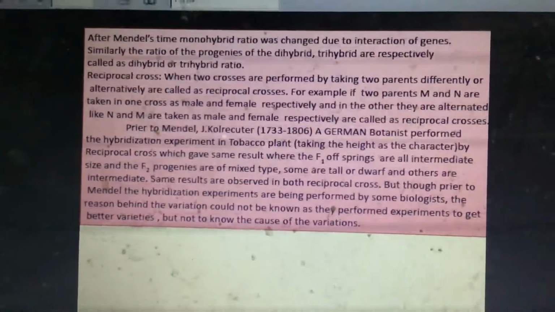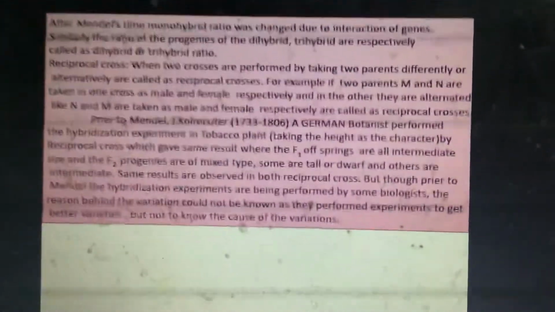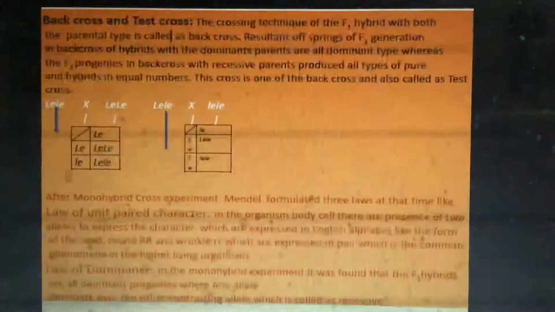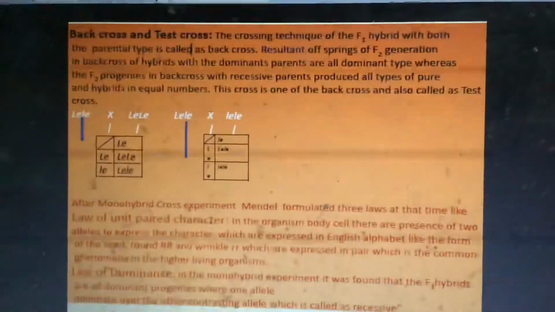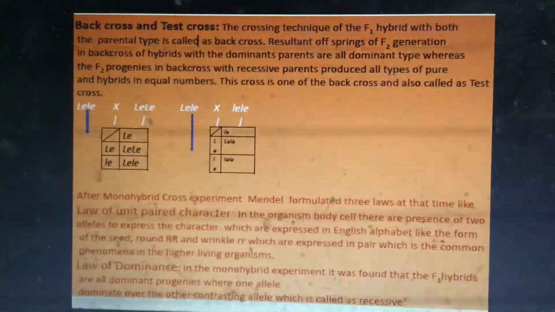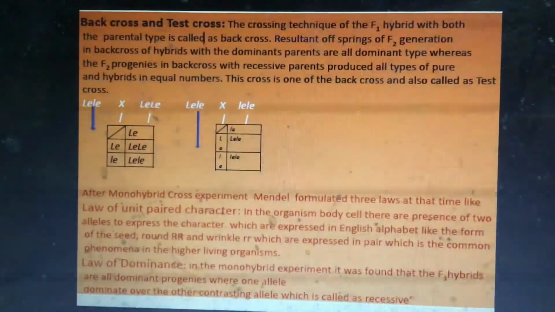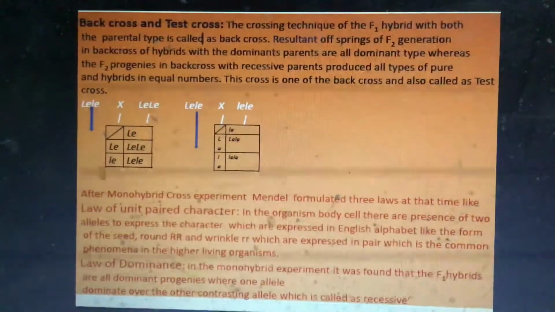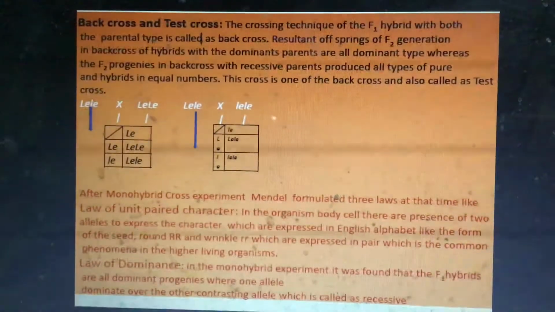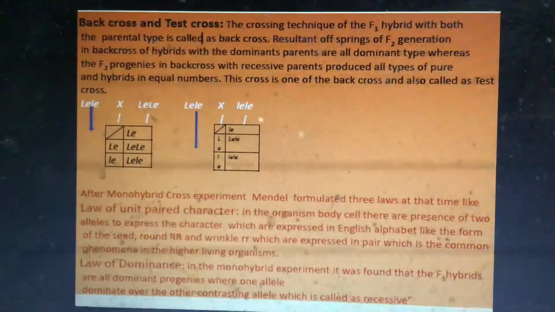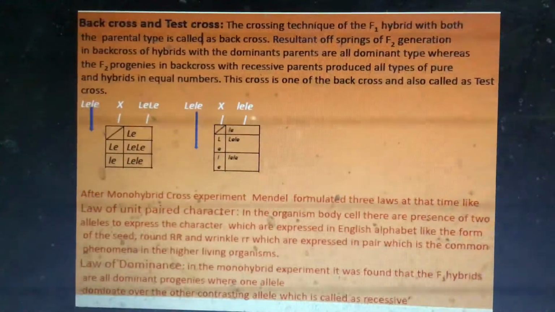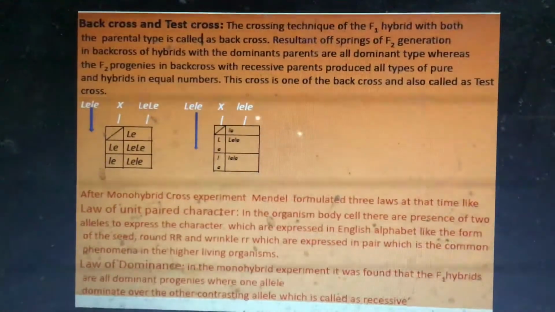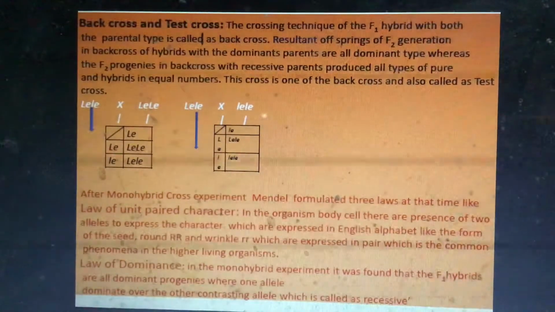The next is the dihybrid cross. Before going to the dihybrid cross, Mendel also performed the back cross. Back cross means the F1 offspring is crossed back with the parental type. The F1 offspring, a heterozygous dominant form, back crossed with the homozygous dominant form gives rise to the same type of plants.